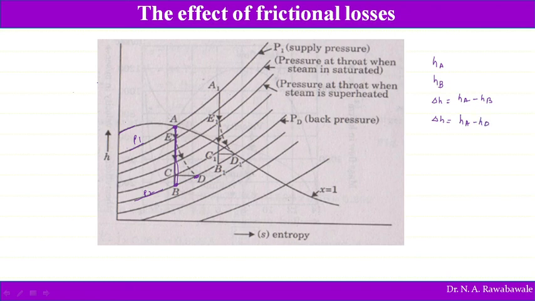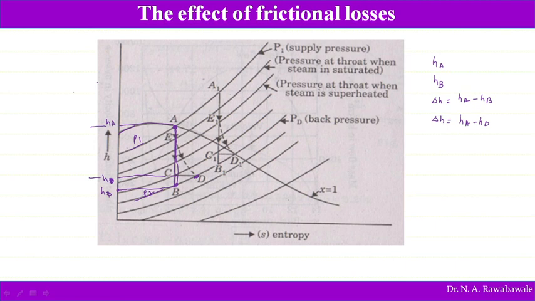So enthalpy at point A is given by HA, enthalpy at point B is HB, and enthalpy at point D is HD. So enthalpy, instead of getting reduced up to B, is reduced up to D. So the enthalpy drop is going to reduce. This is called the effect of friction.